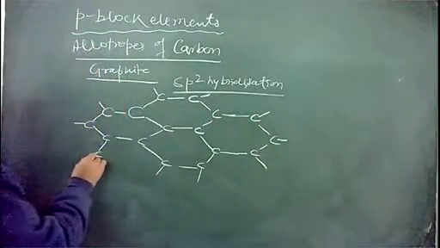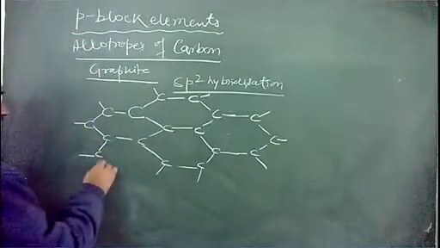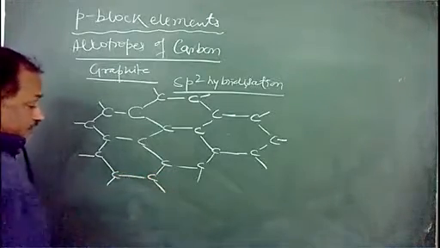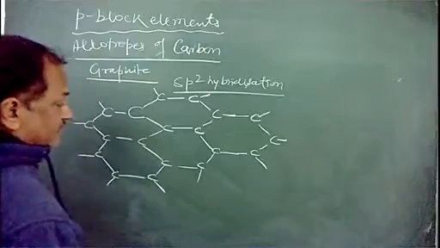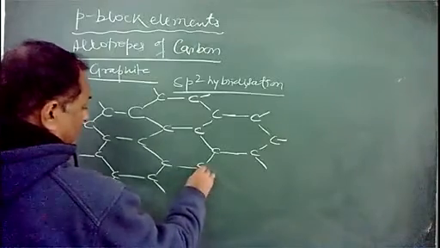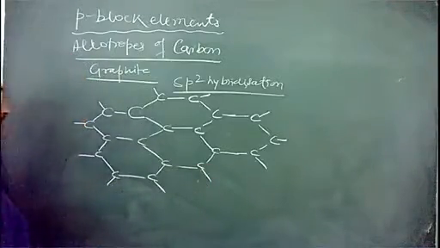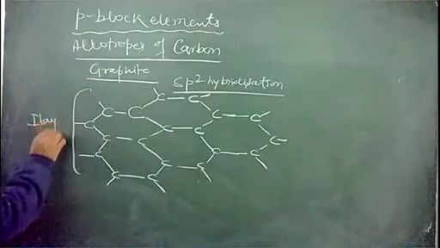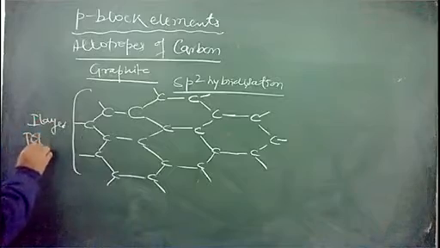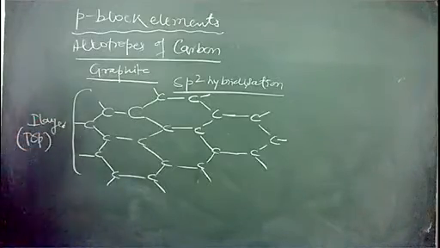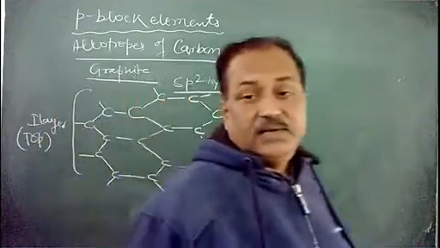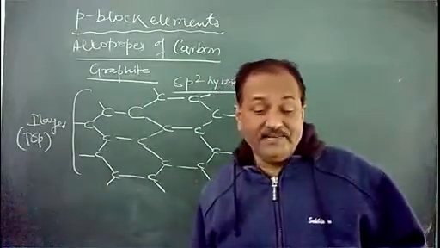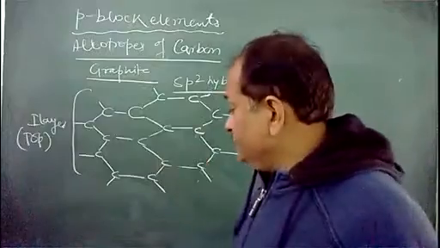This is the bonding. Each and every carbon is bonded to 3. So children, this is the first layer. This is the top layer. So the carbon atoms form layers in graphite. This is one layer.